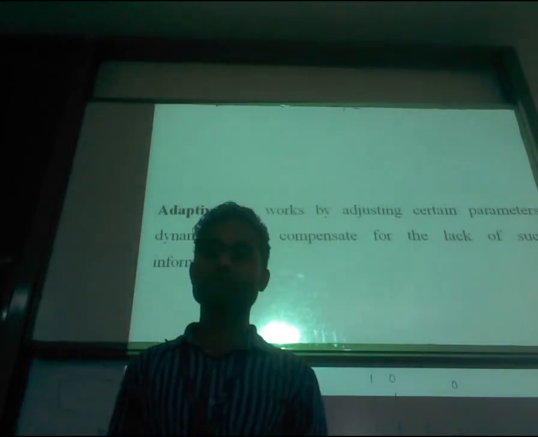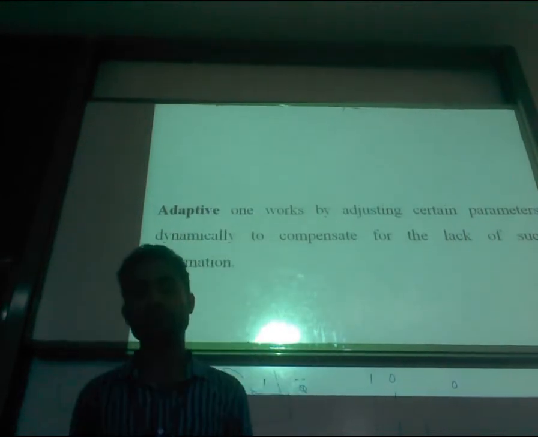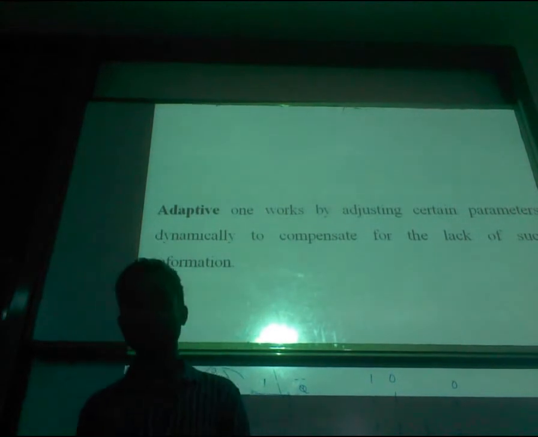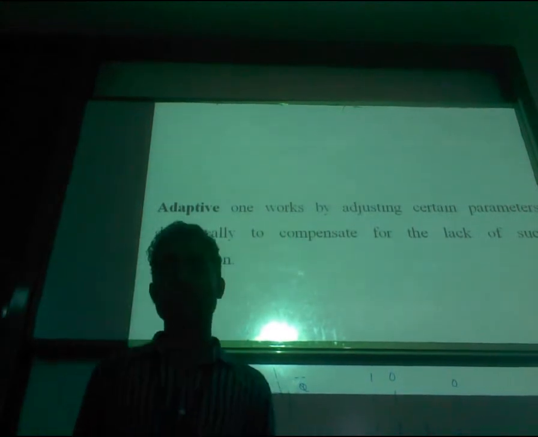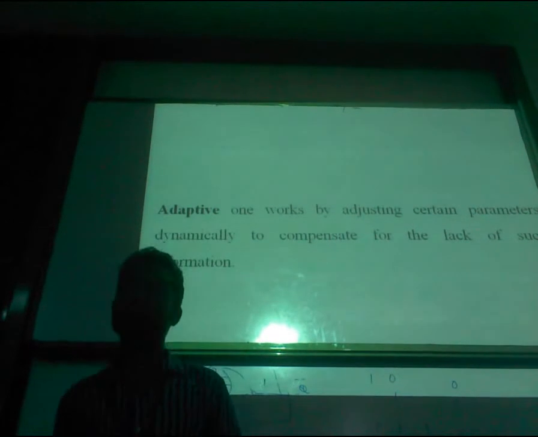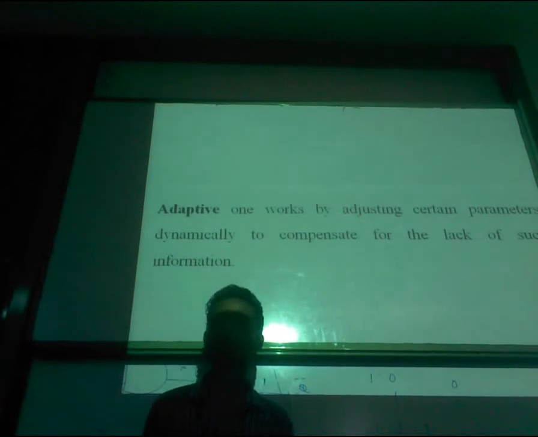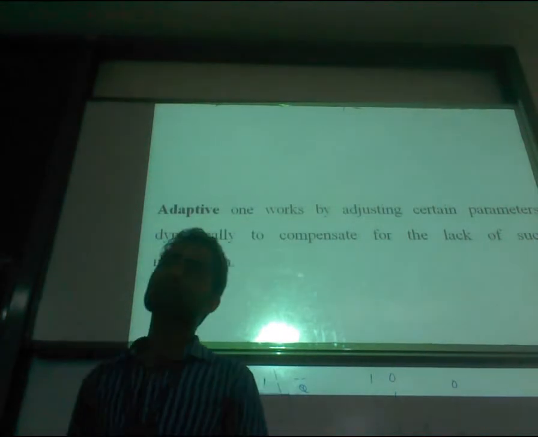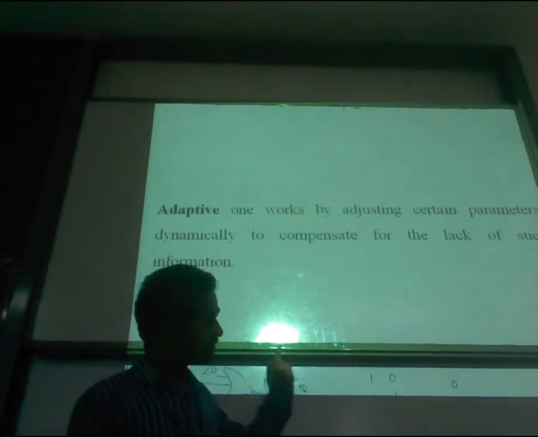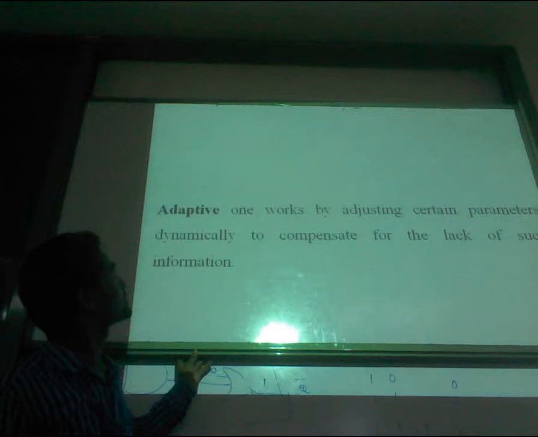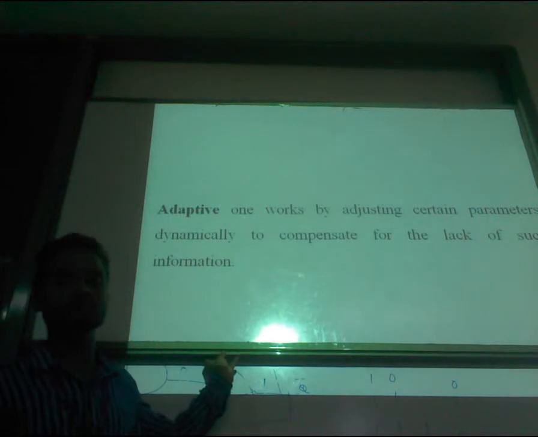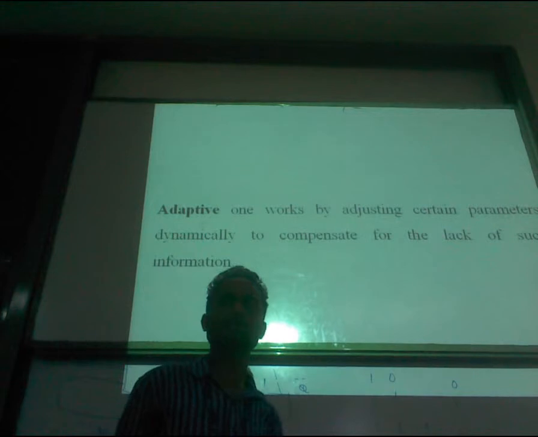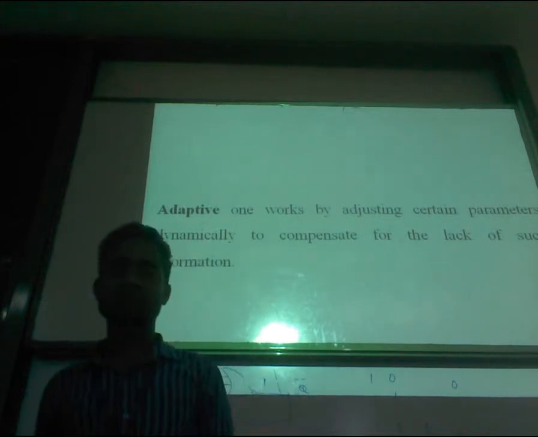The adaptive one works by adjusting certain parameters dynamically to compensate for the lack of such information. If we don't have prior information about the noise signal, we can use the adaptive filter, and its importance is that it can adjust dynamically to the noise present in the signal.